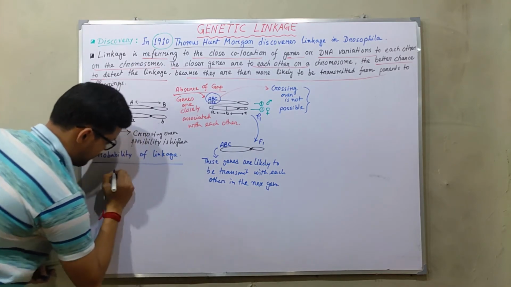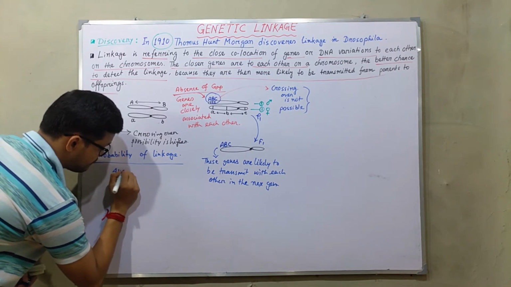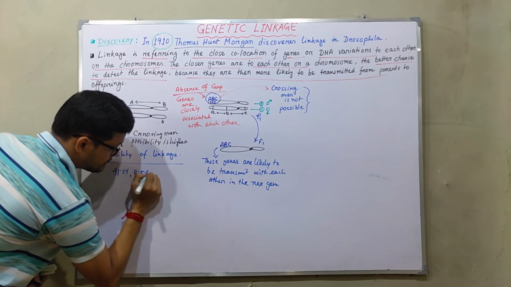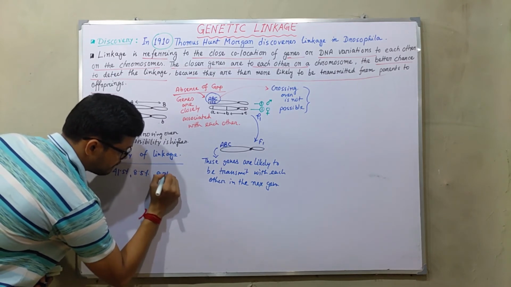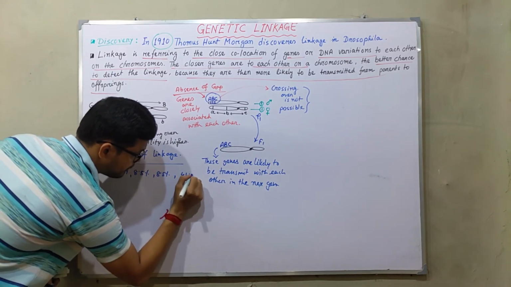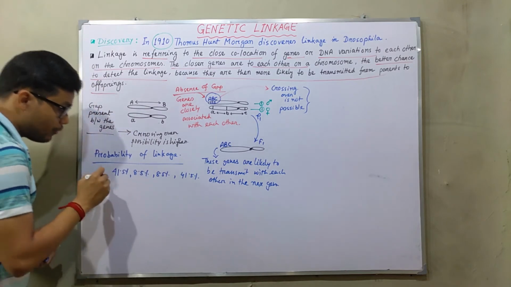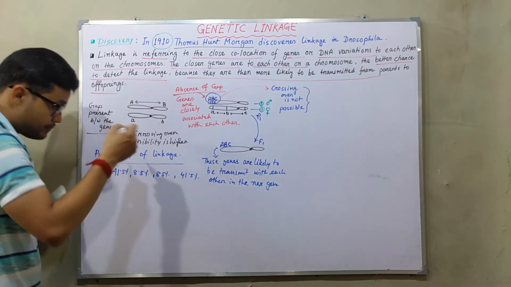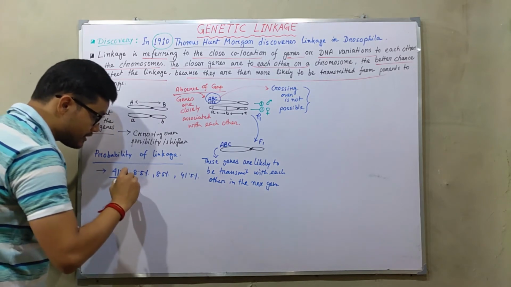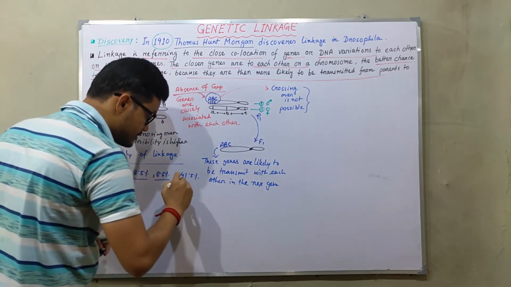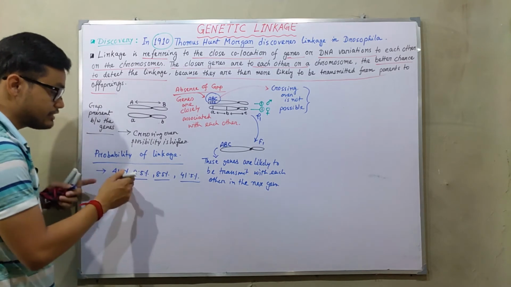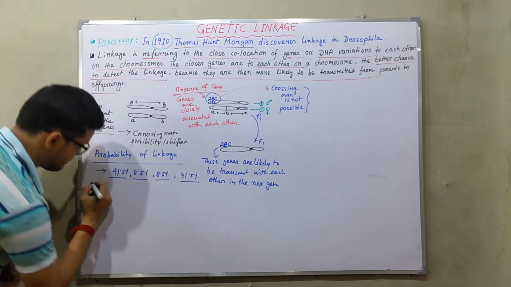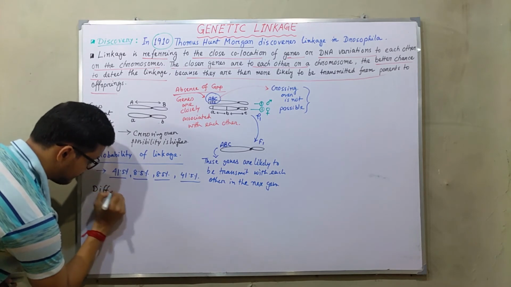The probability in linkage is 41.5%, 8.5%, 8.5%, and 41.5%. Morgan observed these probabilities, and this is totally different from Mendelian inheritance.